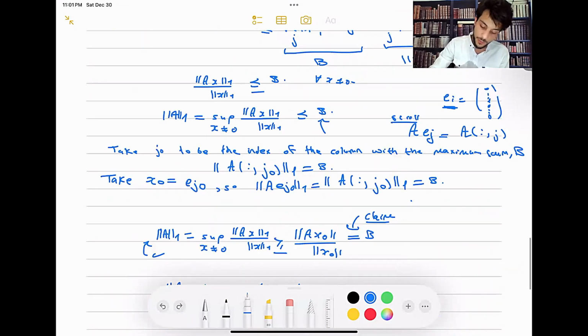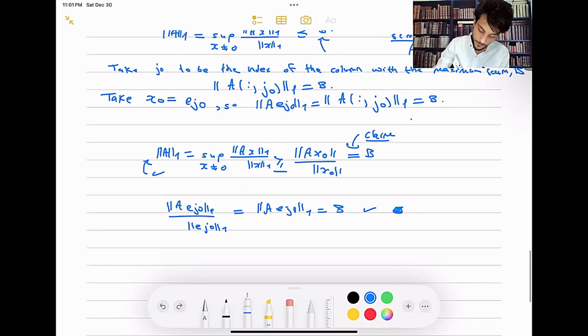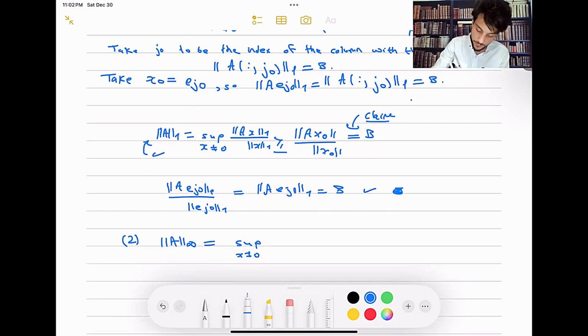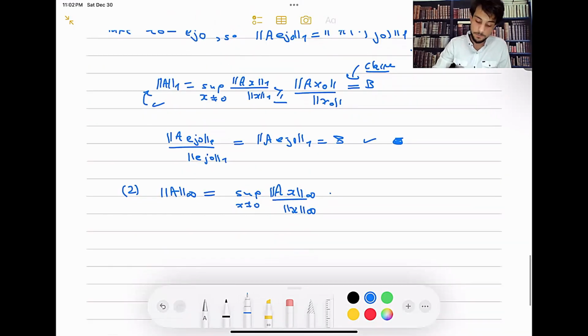So let us attempt the proof again. This is 2. We're taking the infinity norm of A, and let's recall that this is just the supremum over all x not being 0 of the infinity norm of Ax over the infinity norm of x.